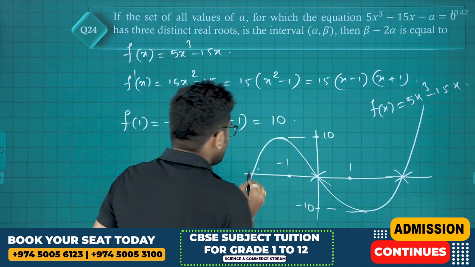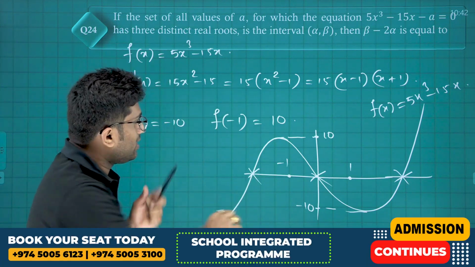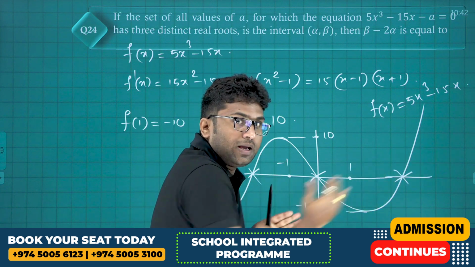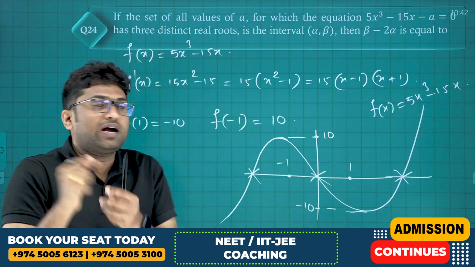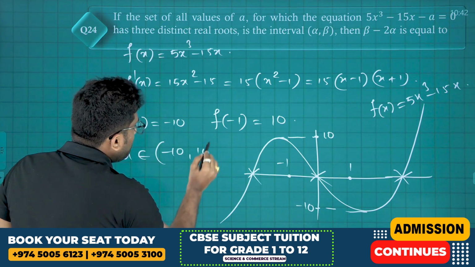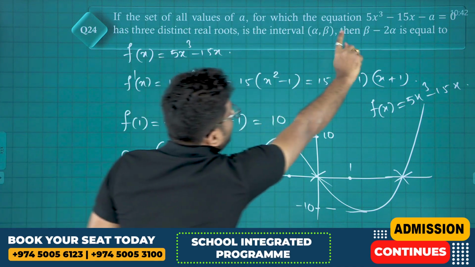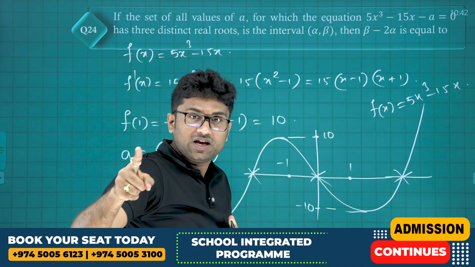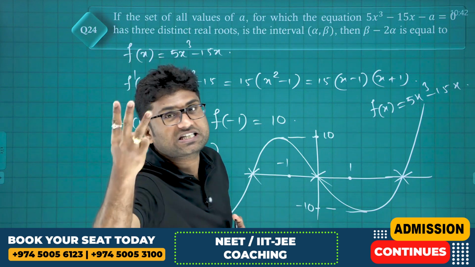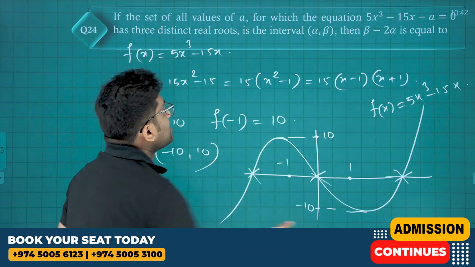As long as you are going to have f of x, it will only be shifting. So as long as the value of a belongs to from minus 10 to plus 10, this function f of x is equal to 5x cube minus 15x minus a will be having 3 distinct real roots. Therefore, a belongs to minus 10 to plus 10.